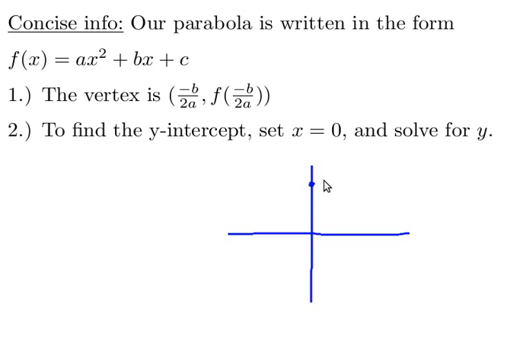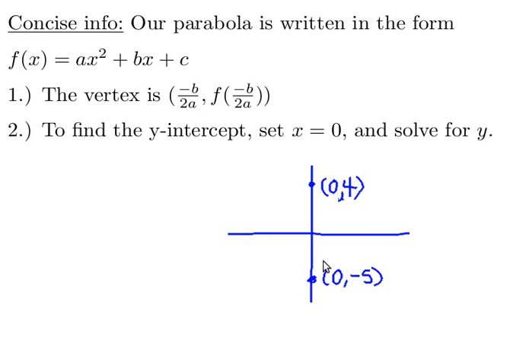And notice something. At every point, you could pick a point up here. This is going to be, say, 0, 4, 7. And this is going to be 0, negative 5, or something like that.